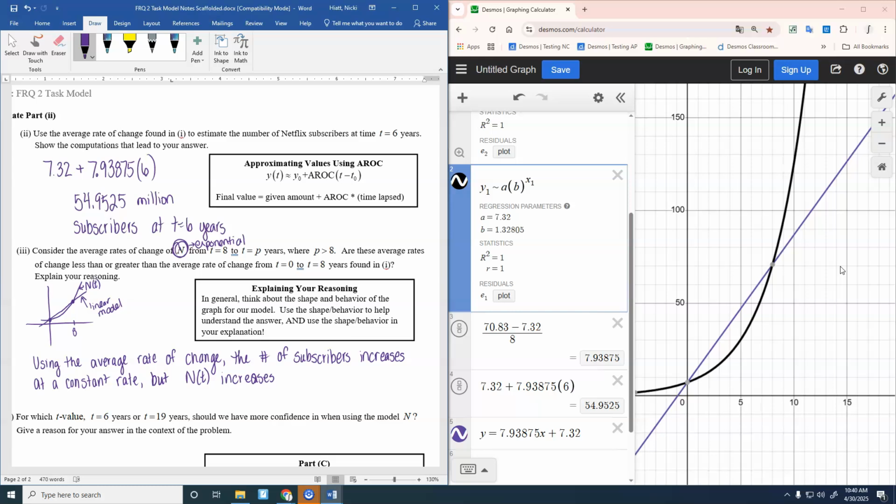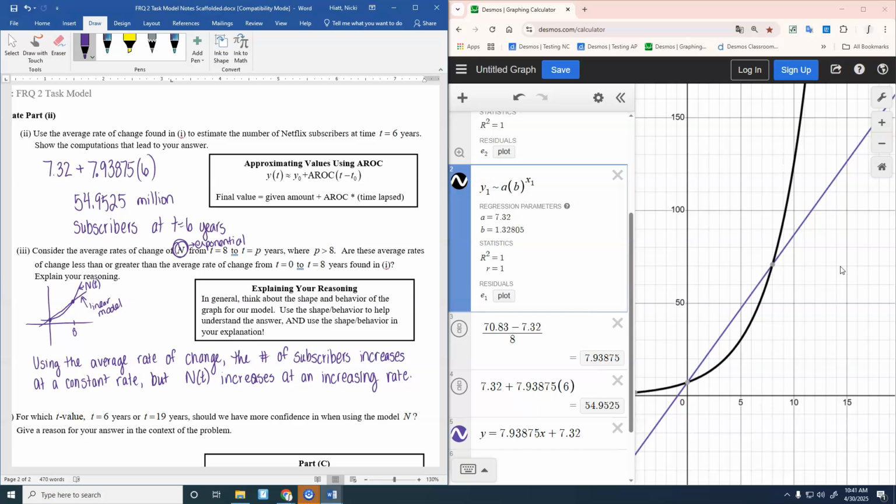What I would go for is increases at an increasing rate. Right, so it's increasing just tells me it's going up, right? At an increasing rate is telling me that it's concave up. It's getting steeper and steeper and steeper, right? So since this is increasing at an increasing rate, we can make the conclusion, and I would just restate what they're asking you in the problem.